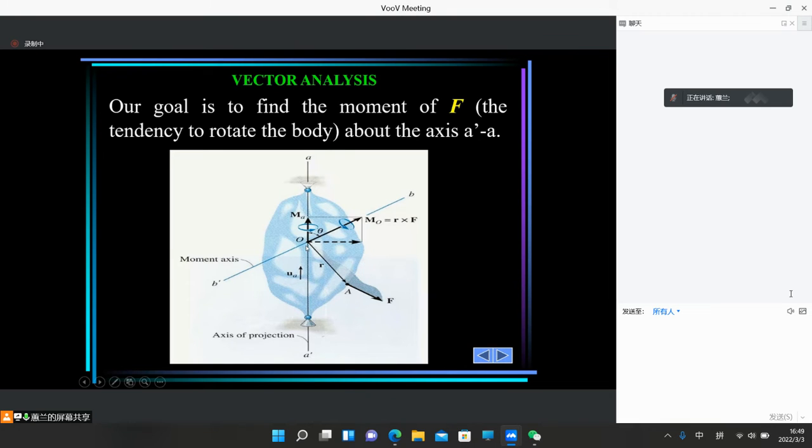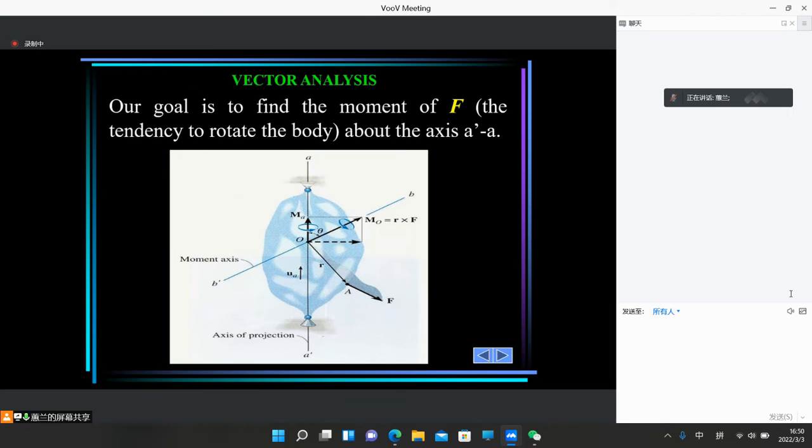So after we calculate the moment of F about point O, which is a point on the axis, then according to what we have learned before, the moment about axis AA prime is the projection of the moment of F about point O along the AA prime axis, right?